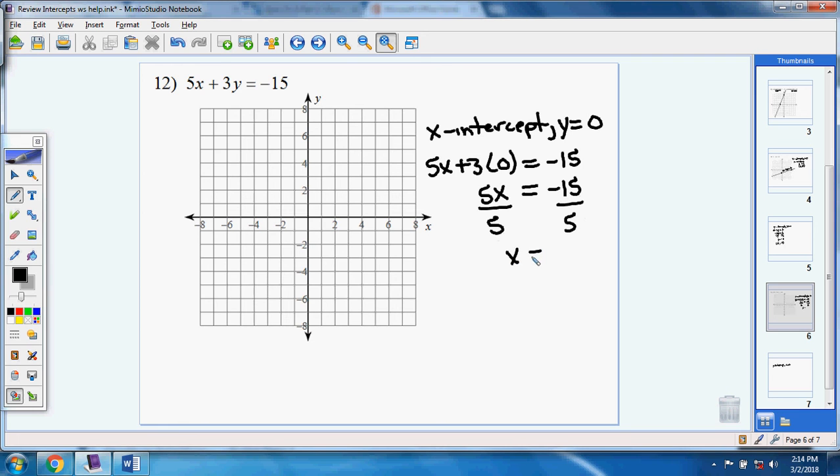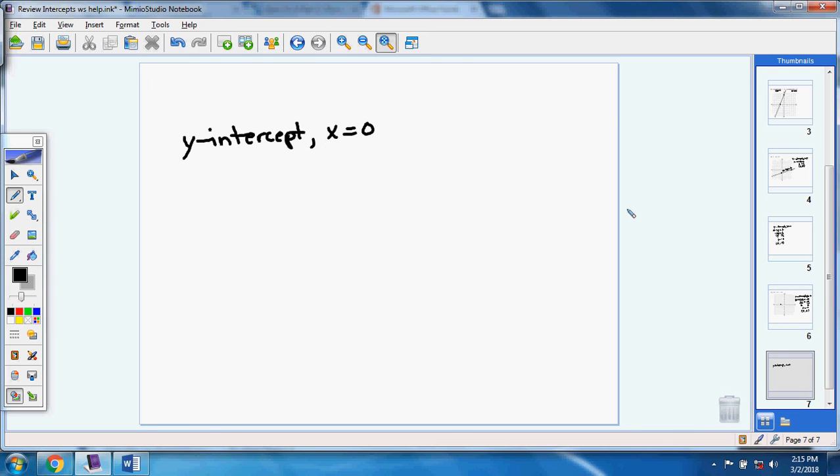Find out what your x is, and then make your ordered pair, then plot your point. So x should be -3. So we have -3, 0, which is on the x-axis right here.